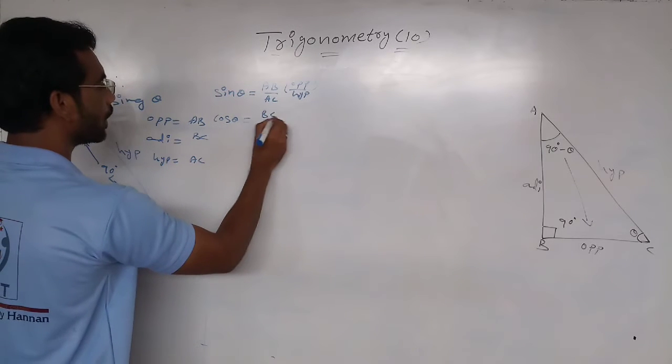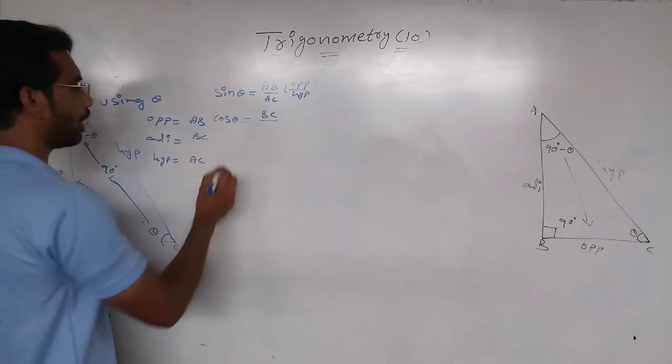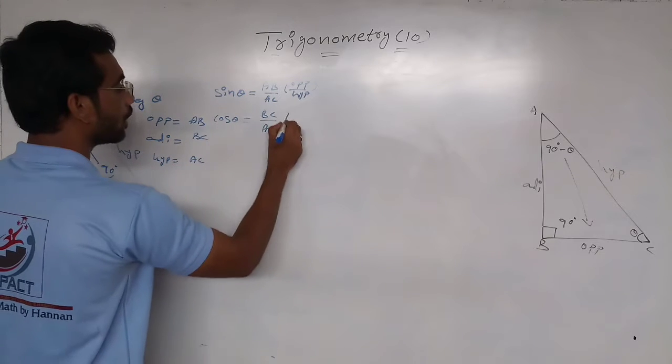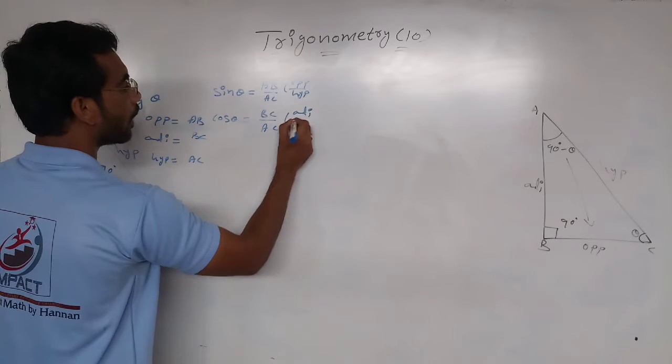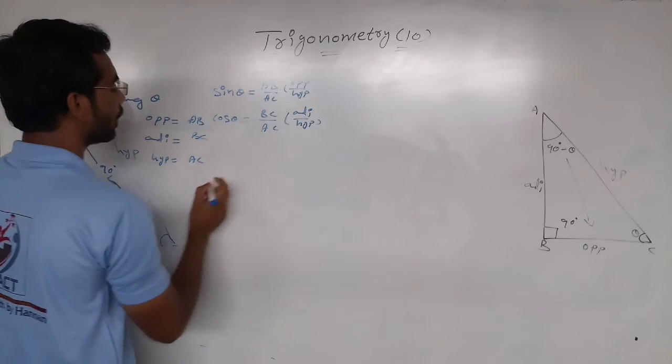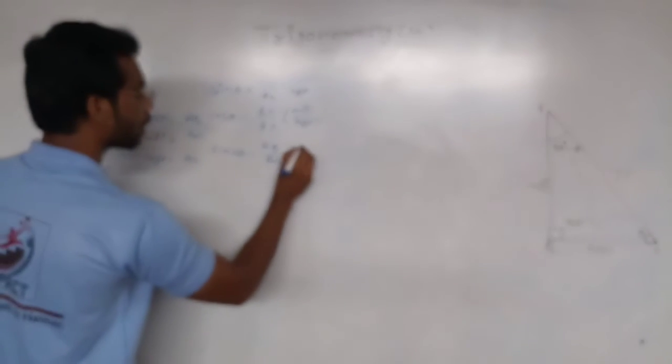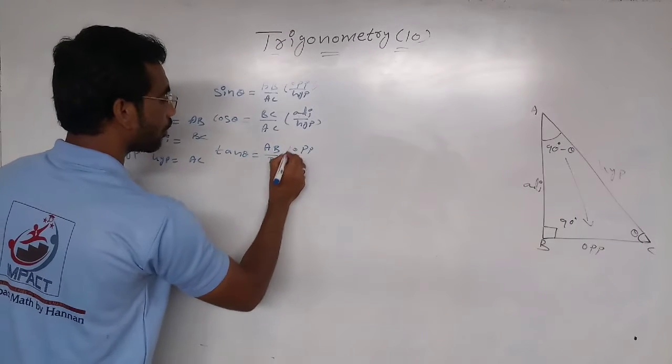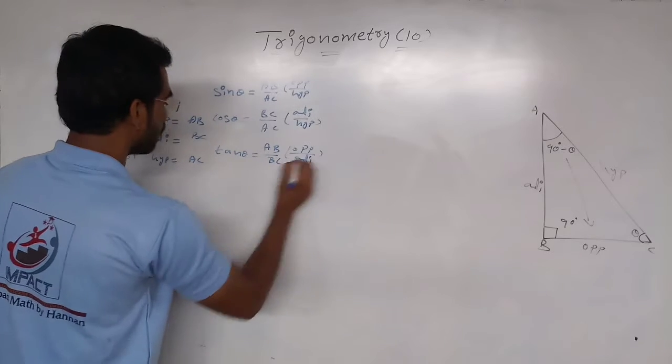Adjacent is BC, by hypotenuse AC. Next, tan theta. Tan theta is equal to opposite by adjacent side.